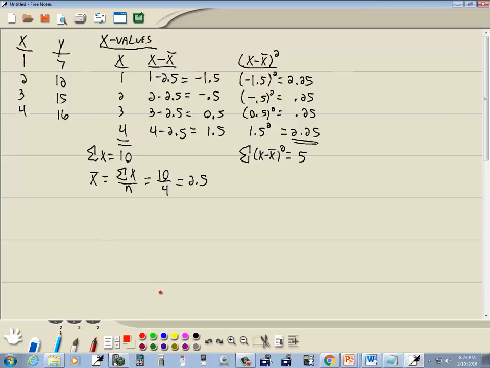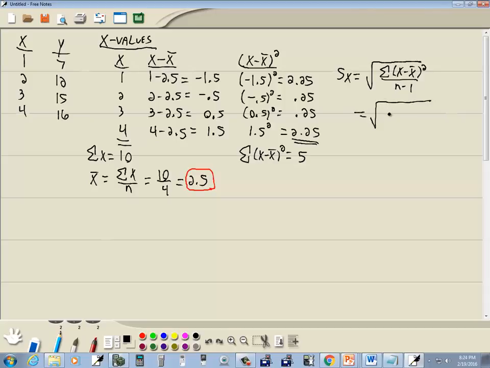Now, one thing we'll need to store off is this right here. X bar is equal to 2.5. And while I'm saying that, let me go ahead and write it down on a piece of paper so I don't forget it. X bar is equal to 2.5. Now we need to find s sub x, our standard deviation of our x values, which is going to equal the square root of the sum of x minus x bar squared divided by n minus 1.